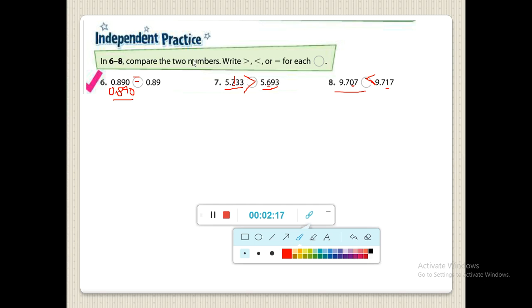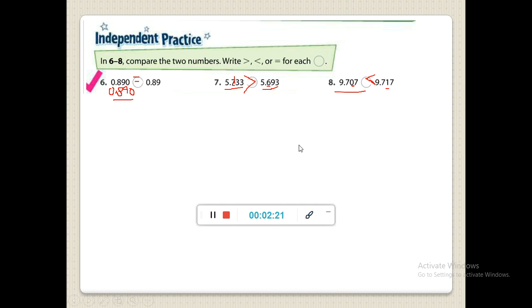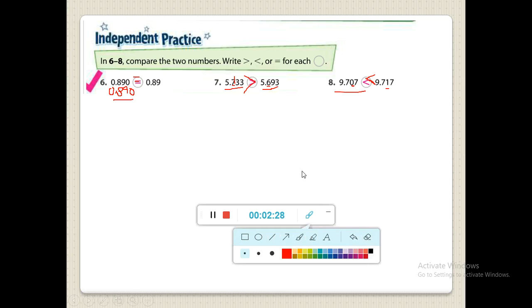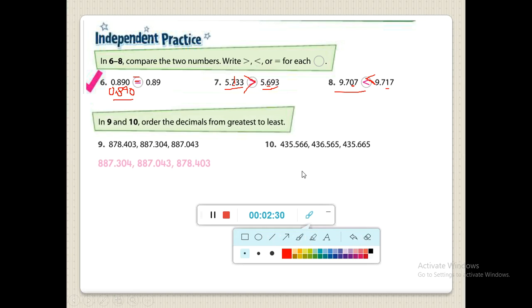Now, what about ordering decimals? To order decimals, I need, as it says, from greatest to least.